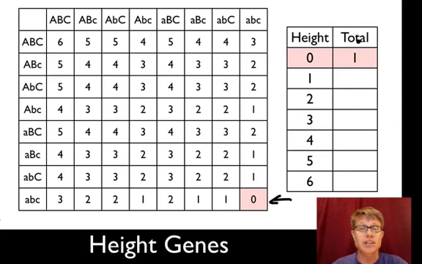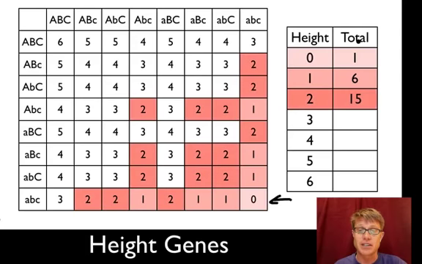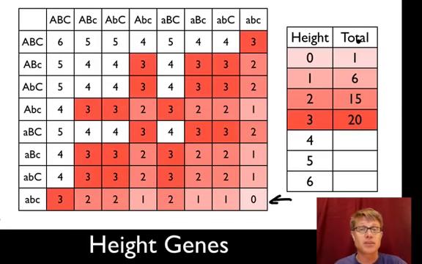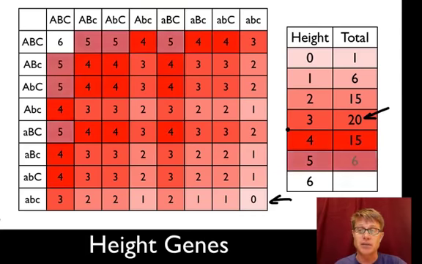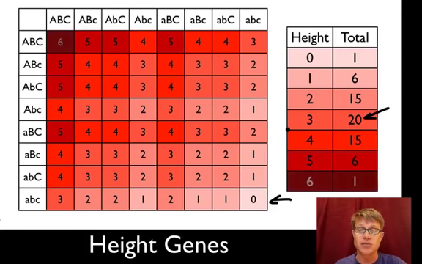So there's a 1 in 64 chance of producing a really small child, a 6 in 64 of getting 1 height gene, a 15 in 64, and now we're getting into big numbers. In other words, there is a 20 in 64 probability of producing an offspring that has 3 of those height genes. There's a lot of different ways we could get that. And then it drops off to 15, 6, and then 1.